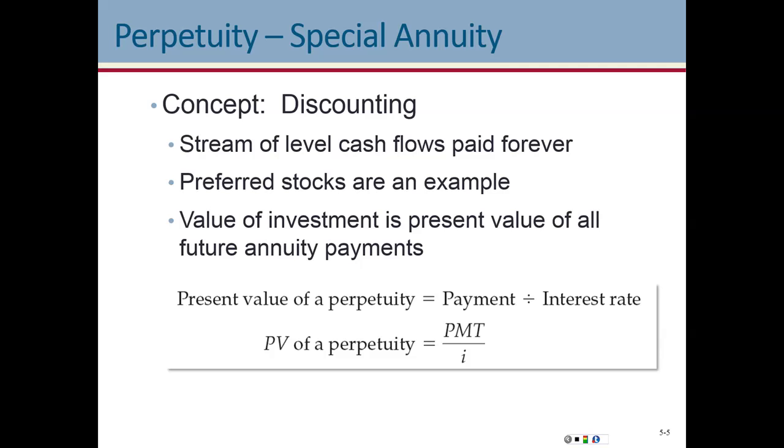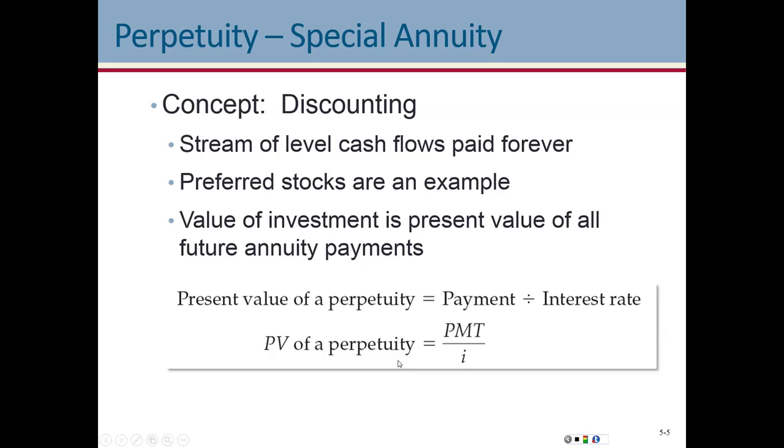If you buy a stock, stocks don't have an expiration date, and stocks are supposed to be paying you money, dividends. With preferred stocks, you have preference in the payment of dividends. So you're going to be receiving dividends every year forever, basically. Forever. Now, there's no function in your calculators to find perpetuities, but the formula is pretty simple.